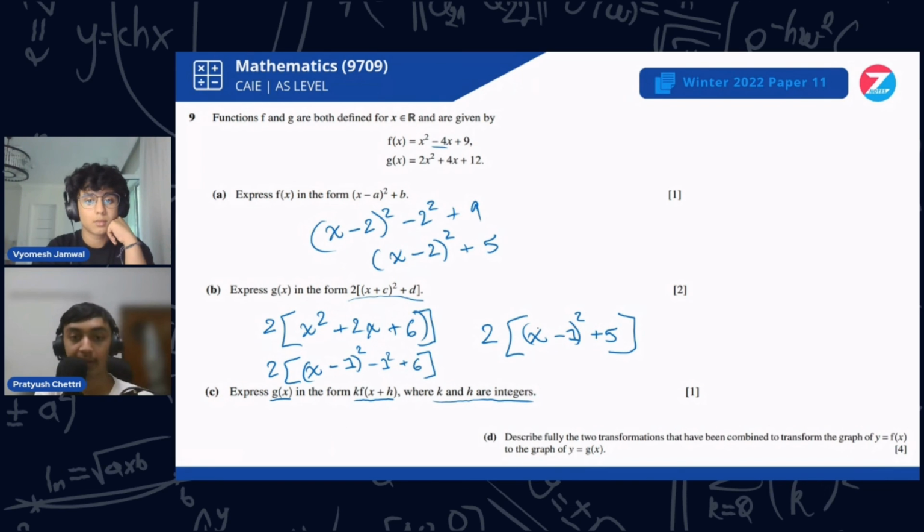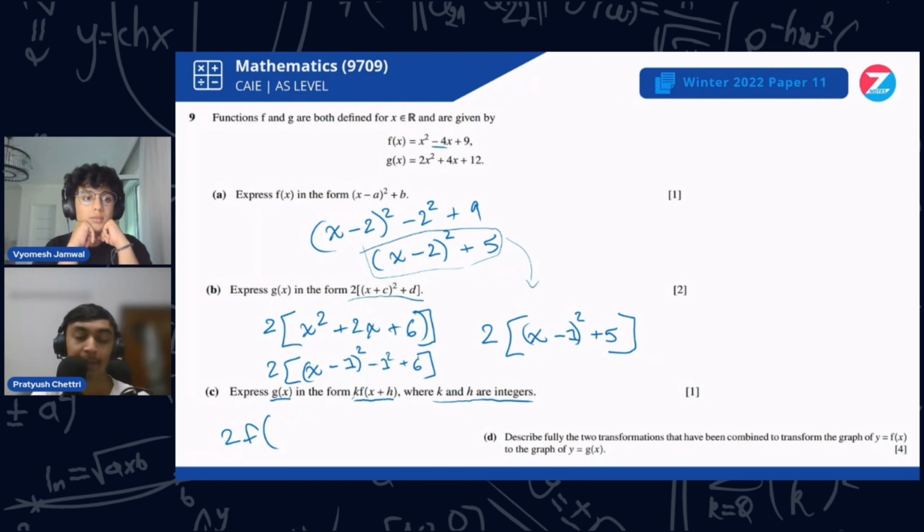What does that look like? Well, we already know that this 2 is outside. So we can do 2f, because that'll multiply this. So what maps this expression onto this expression? As you can see, there's a 2 multiplying the whole thing.